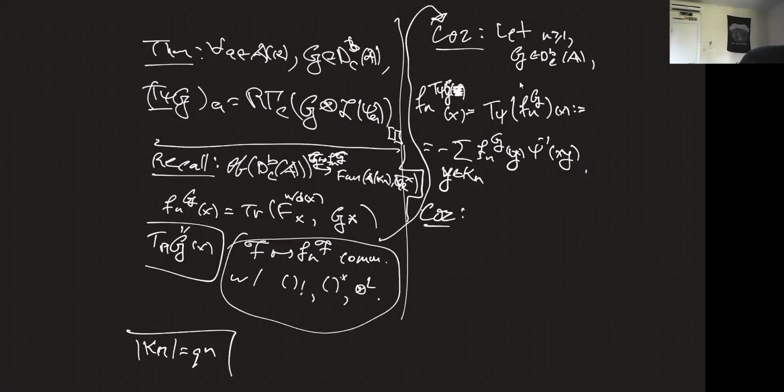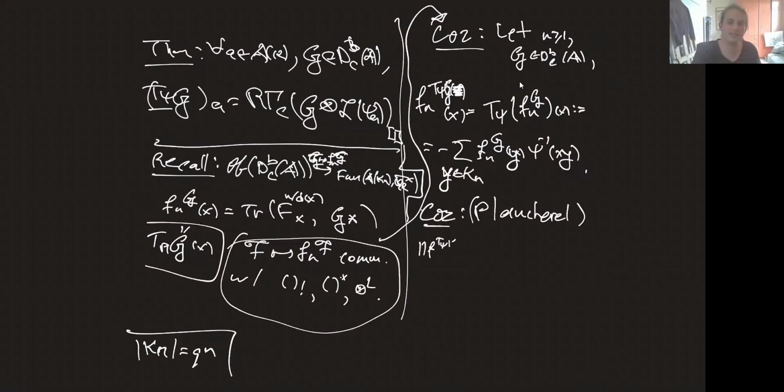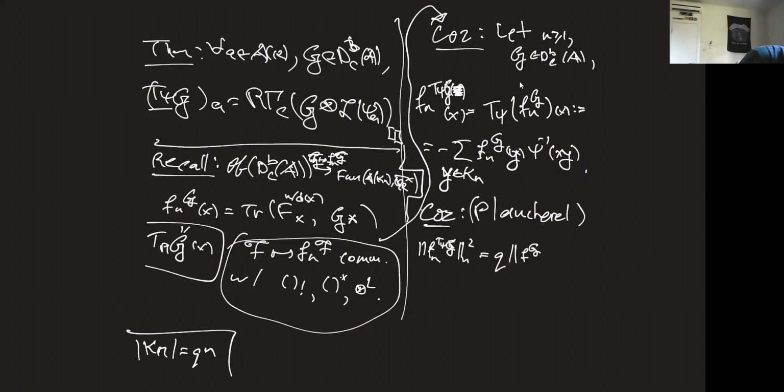Now, a corollary to the corollary is that we have a Plancherel formula, which says that the norm of the Fourier transform, if this computation is right, is Q to the n times the norm of f and g in Kn.